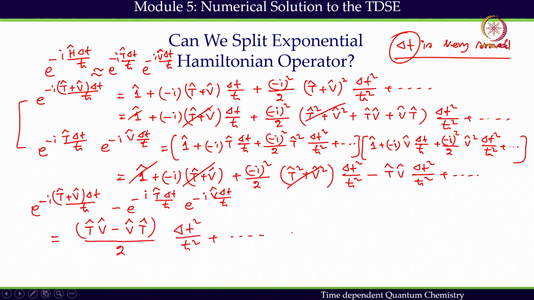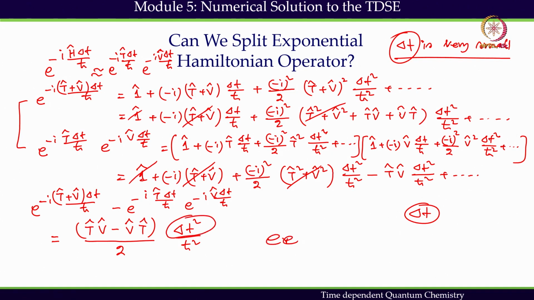But remember, other terms will have delta t cube, delta t fourth terms, all these terms. Because delta t is already very small, we can neglect all the higher terms, and we can say that the error is going to be proportional to delta t square.